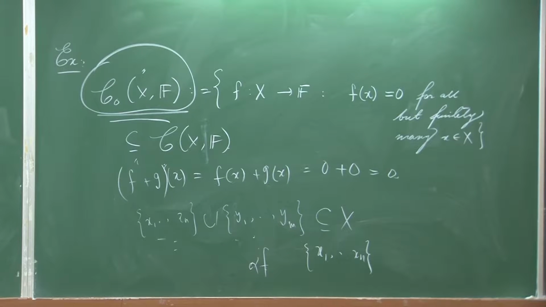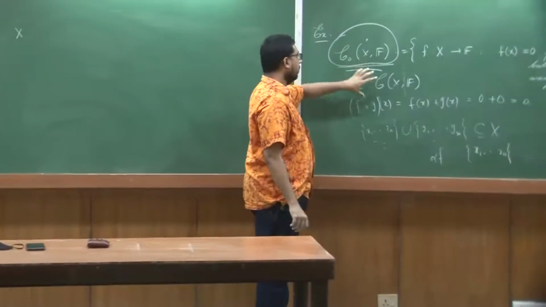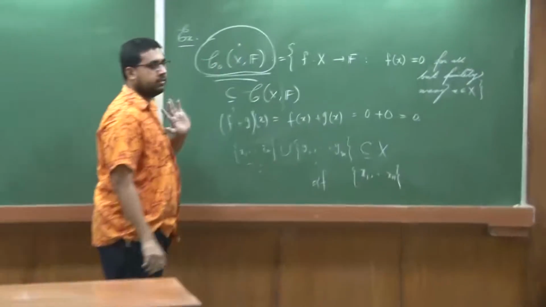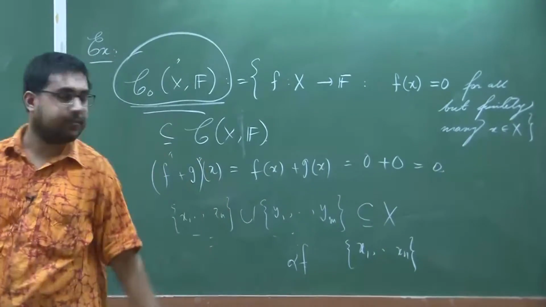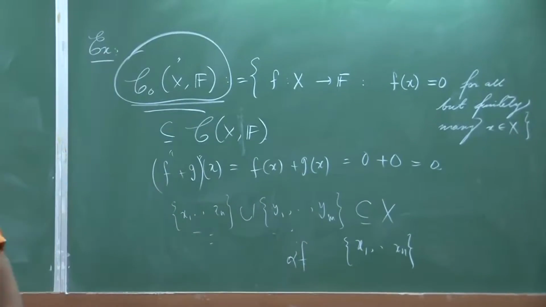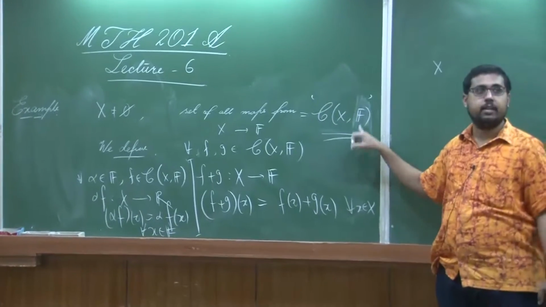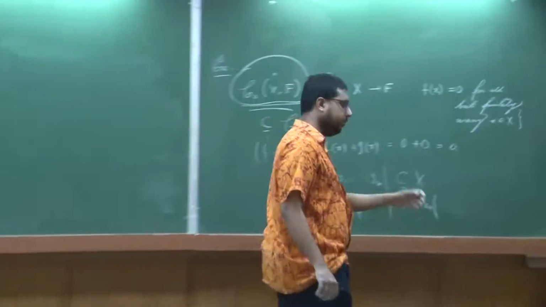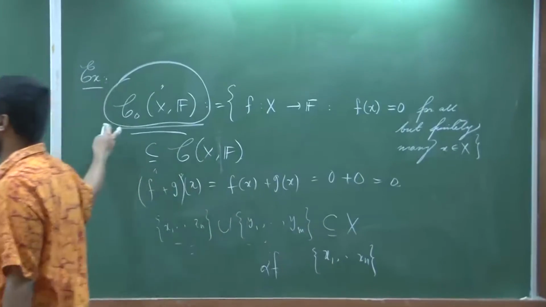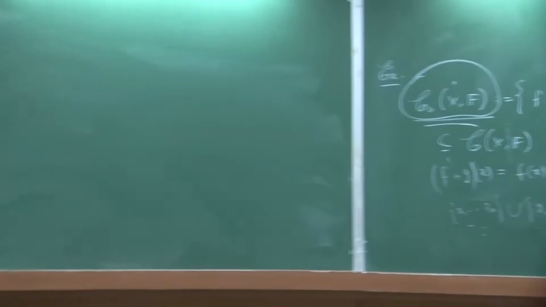Again, let me tell you that what I said holds for any X. For any X and F, C_0^X_F is a vector space contained inside C^X_F, and the operations on C_0^X_F are obtained from those of C^X_F, namely the pointwise addition and pointwise scalar multiplication. I will now show that for some very special X, C_0^X_F is something that you have already encountered.